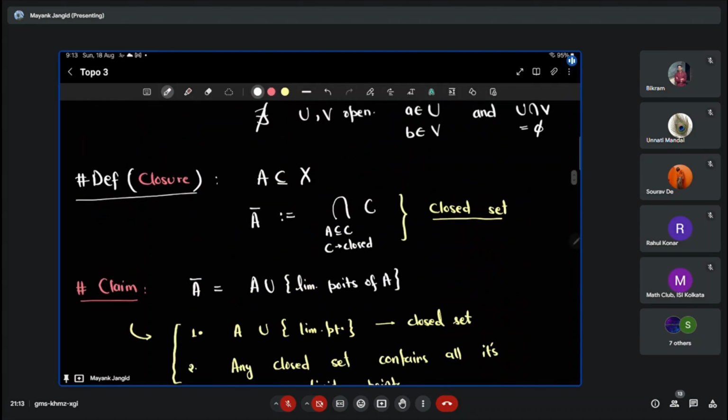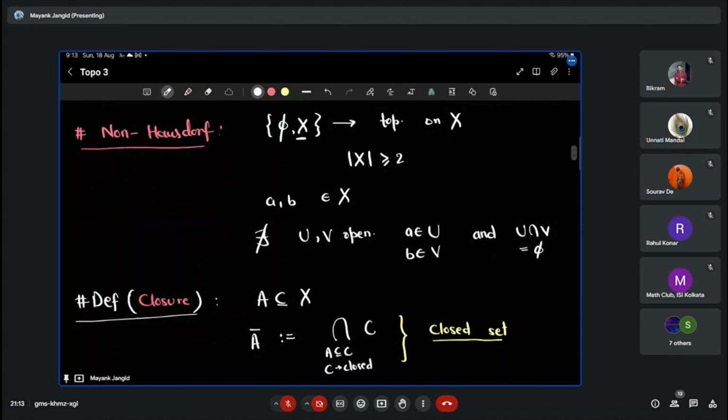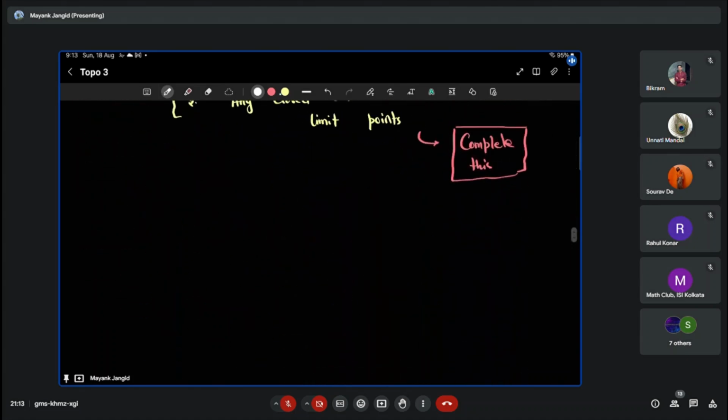Another equivalence of dense sets that I would like to give you in terms of closures is this. I guess this is also easy. I just want you all to do this homework.